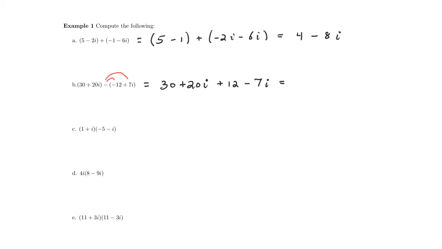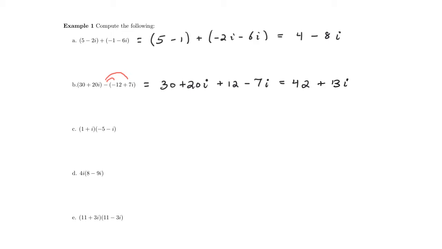So when we look at these two pieces together, I have a 30 and a positive 12, so that's going to give me 42. But then I have a positive 20i and a minus 7i, which is going to take me to a positive 13i. And that's simplified, and that's the final answer there.